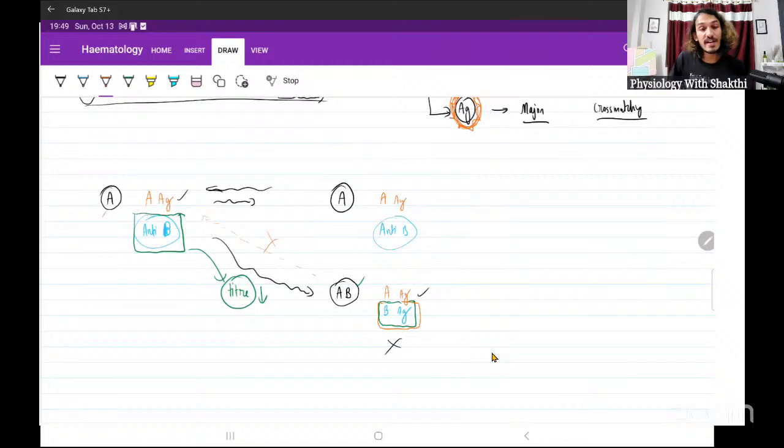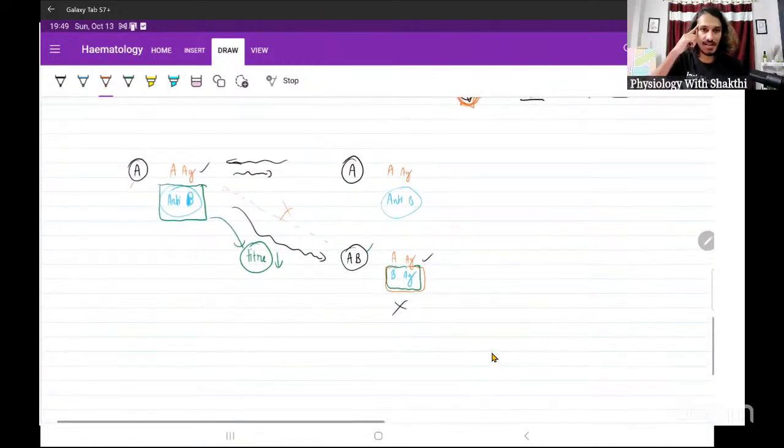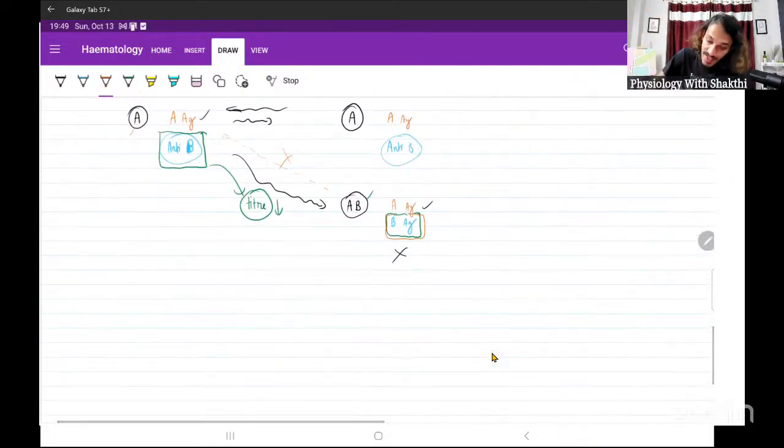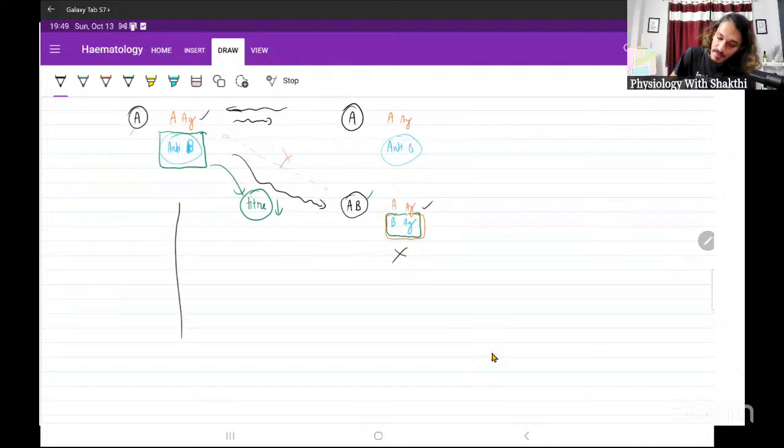Instead, who can you take from? This is where you have to think. If you want to take it from somebody, antigen is the major problem. If there is a person who does not have any antigens, who is that? O blood group. O blood group does not have antigens. So you can take it from an O blood group who does not have any antigen.